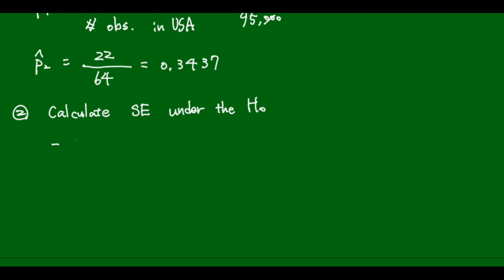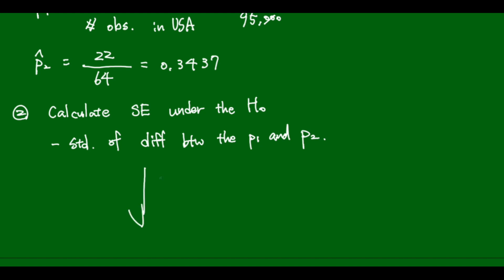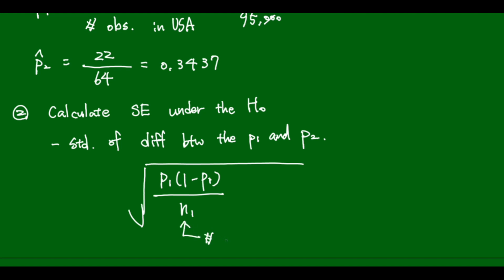We have learned that the standard deviation of the difference between the proportions P1 and P2 can be calculated by this formula: P1 times 1 minus P1, divided by N1, where N1 is the number of observations for group 1, the USA in our context, plus P2 times 1 minus P2, divided by N2.